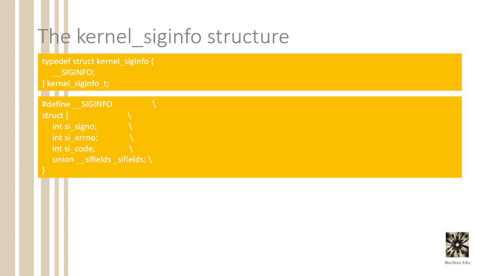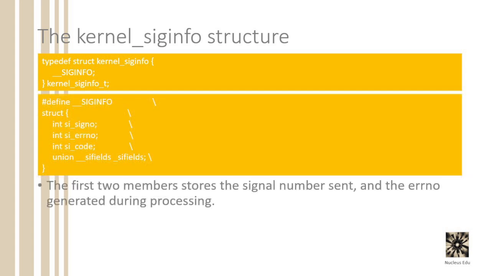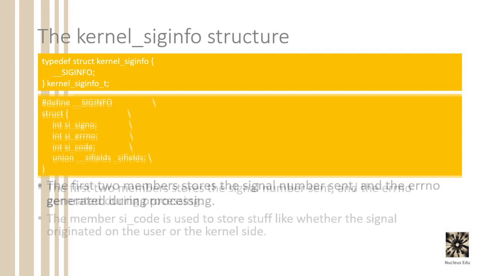And third is si_code, which stores some relevant information. For example, whether the signal was generated by a userland process, it will be SI_USER, or if it has been generated by the kernel, maybe a trap or an error, then it will be something like SI_KERNEL. We look at this a little more as we move further in the video.